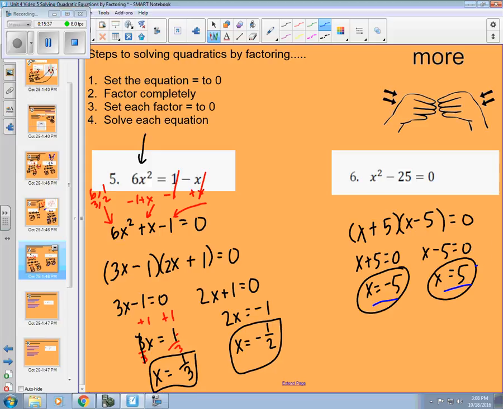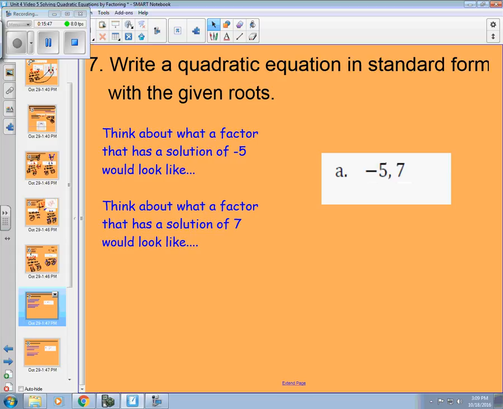The thing we just did previously was we had that equal to 0 and solved it. So we want to do the same thing here and think about, okay, if these are the two solutions, what came just before this? So if we have x equaling -5 and x equaling 7, we want these equations equal to 0.